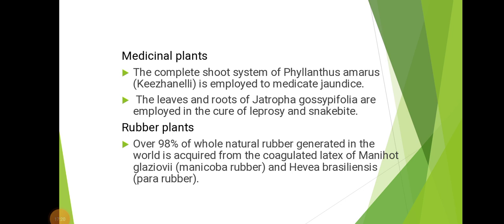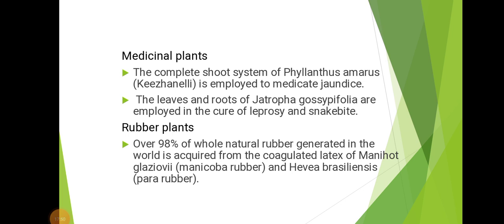If you see the medicinal plants, the complete shoot system of Phyllanthus amarus is employed to medicate jaundice. The leaves and roots of Jatropha gossypiifolia are employed in the cure of leprosy and snake bite.